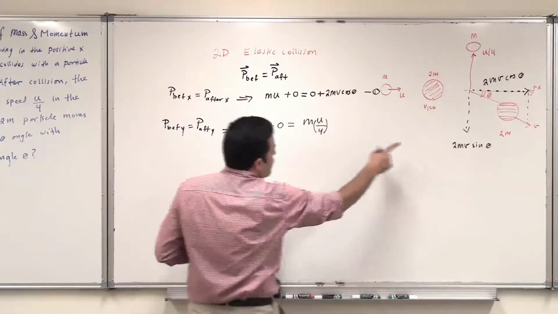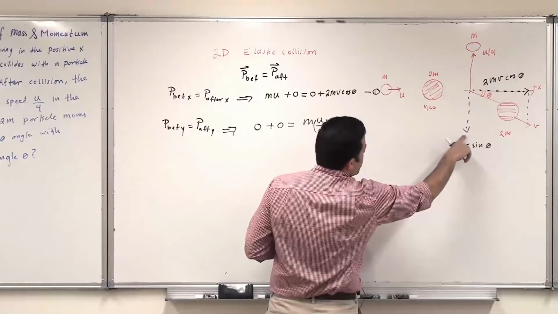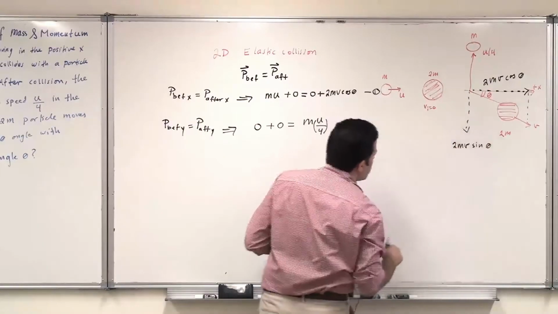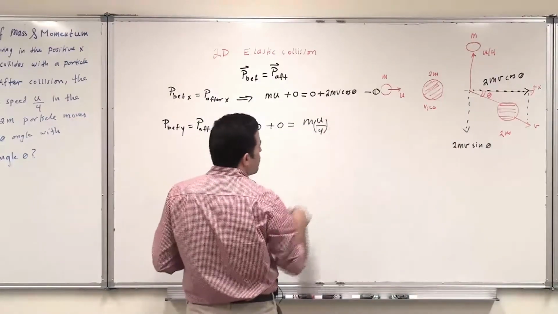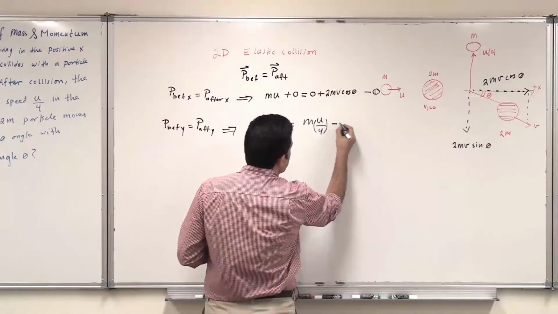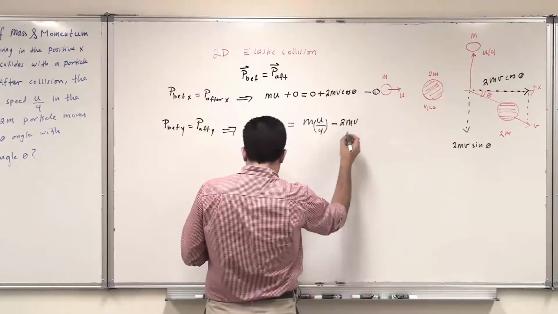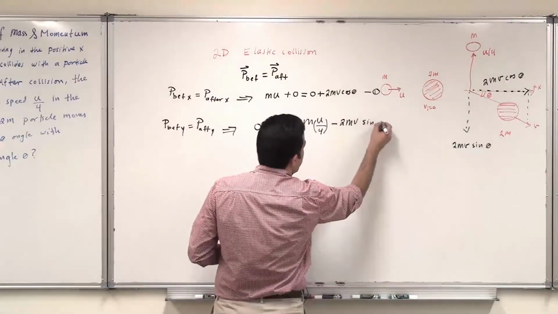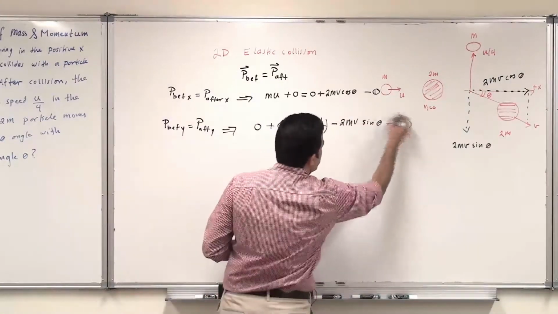And then the y component of the momentum for this massive particle is pointing down to the negative y, so I should use a negative sign, minus 2mv sine theta. Now this is equation 2.